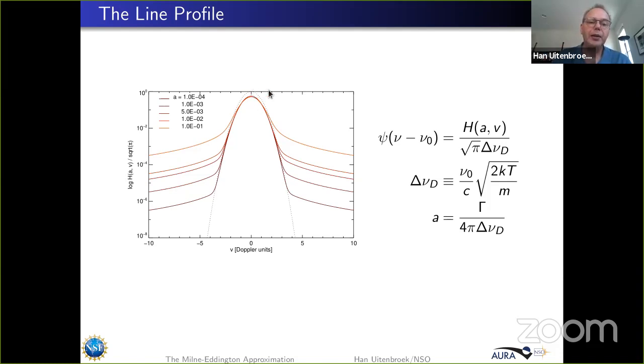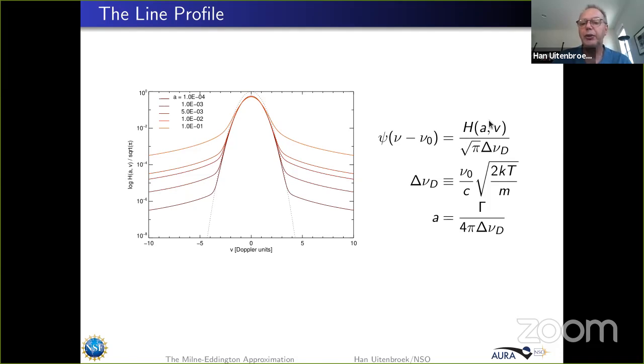And again, I use frequency and wavelength interchangeably because there's a one-to-one correspondence, right? The line profile that results from this convolution of the Lorentzian with the thermal velocity distribution is a Voigt function, usually denoted by the uppercase H.